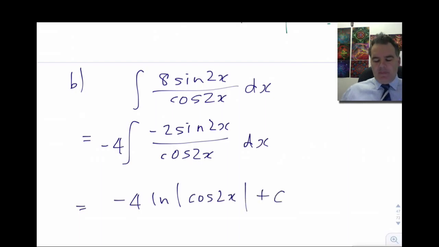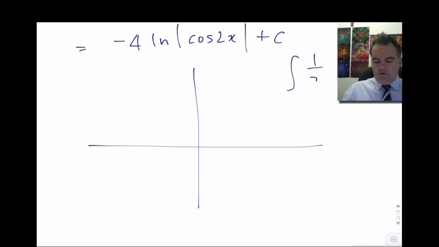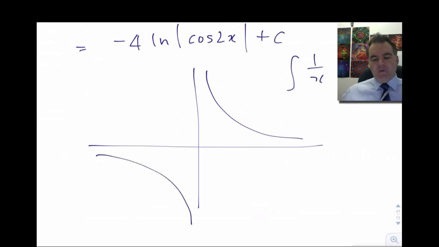plus c. Let me just say a word of why I'm putting these absolute value signs. If I'm integrating 1 over x, that is this function here. So I might ask the question, what is the value of that integral between -1 and -2? That's fair enough.